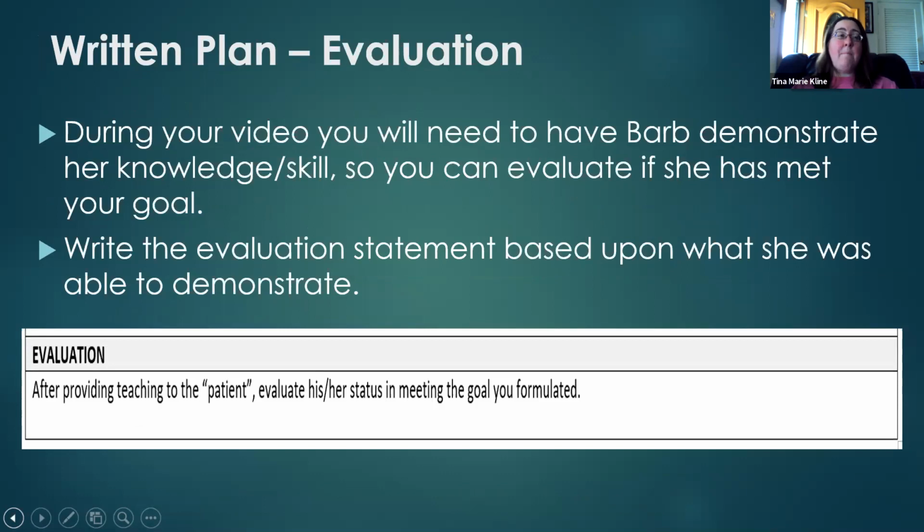Or goal not met: Barb was only able to identify one priority point; repeat the teaching session, emphasizing the key points, and reevaluate again tomorrow. Again, you evaluate based upon what your Barb was able to do.